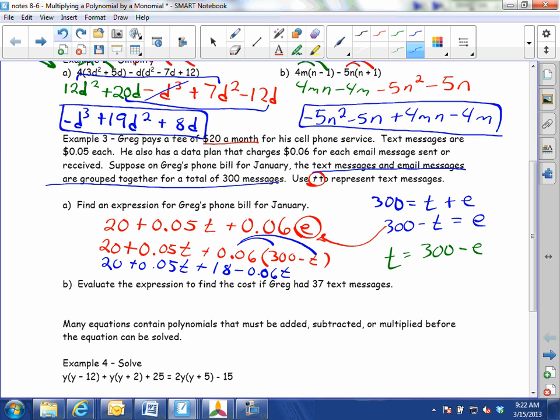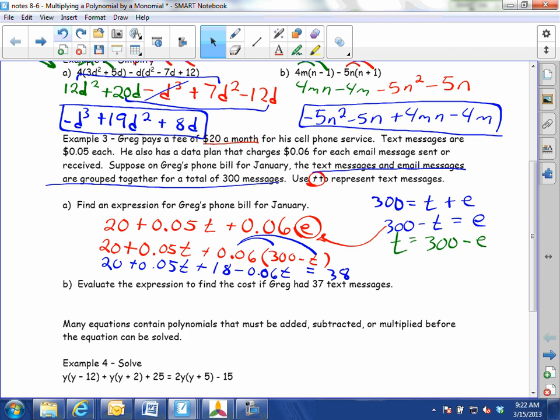The 20 and 18, and then the 0.05T and the 0.06T. Good. Okay, so what's 20 plus 18? 38. Alright, and then 0.05T minus 0.06T gets us what? Negative 0.01T.